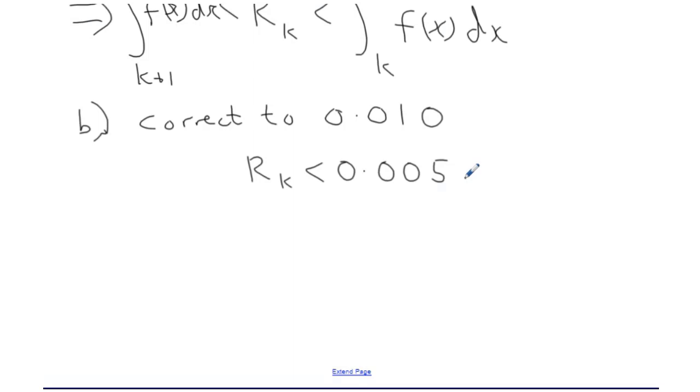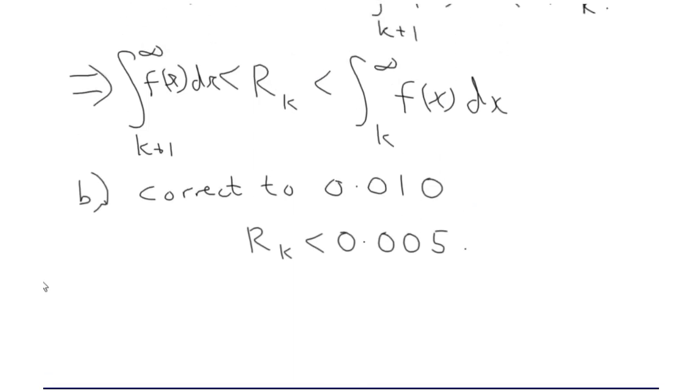And we know rk is always less than the integral from x equals k to infinity of f of x dx. So that needs to be less than 0.005. So the integral from x equals k to infinity of f of x.